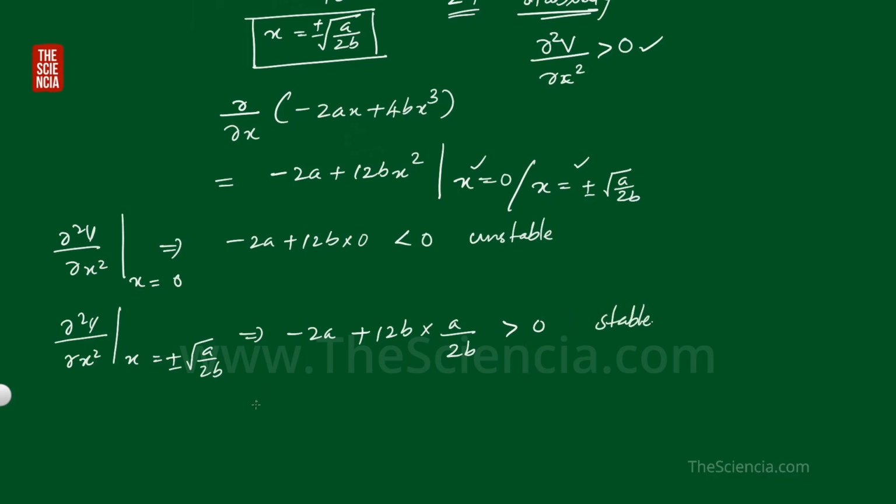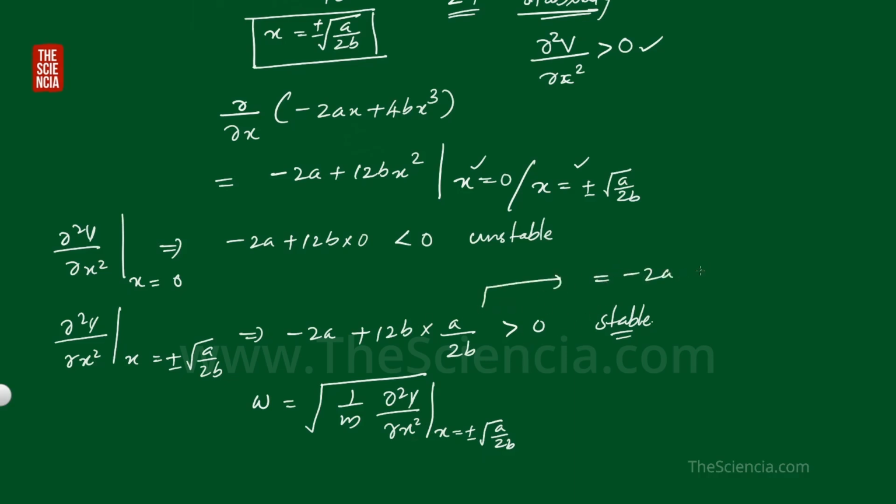So the frequency of oscillation ω will be equal to √((1/m) ∂²V/∂x² at the stable equilibrium point, that is x = ±√(a/2b)). Here we can find the value. This is equal to -2a plus, we can cancel b and b, so 6, that is 4a.